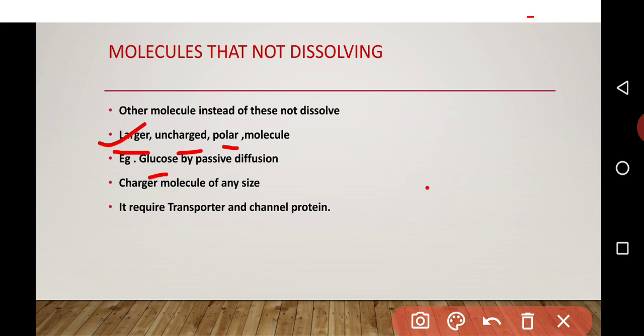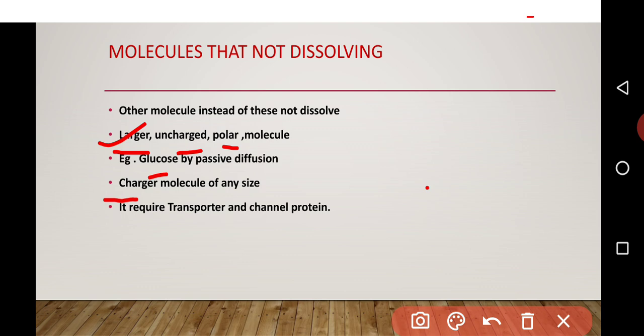And charged molecules of any size again cannot cross the membrane. Those are charged molecules like protons, sodium ions, potassium ions, and chloride. These charged molecules are not able to cross the plasma membrane.